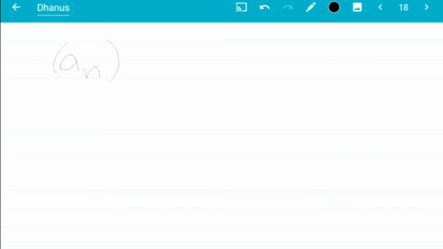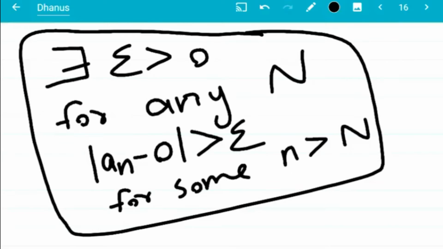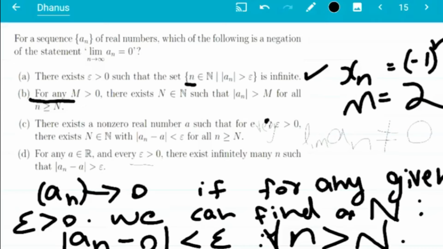Because suppose the sequence an converges to 1, then the sequence an does not converge to 0, and that is a statement which is higher than the limit of an not equal to 0. Actually, by negation we mean the statement is false. That's why this is also a true statement.